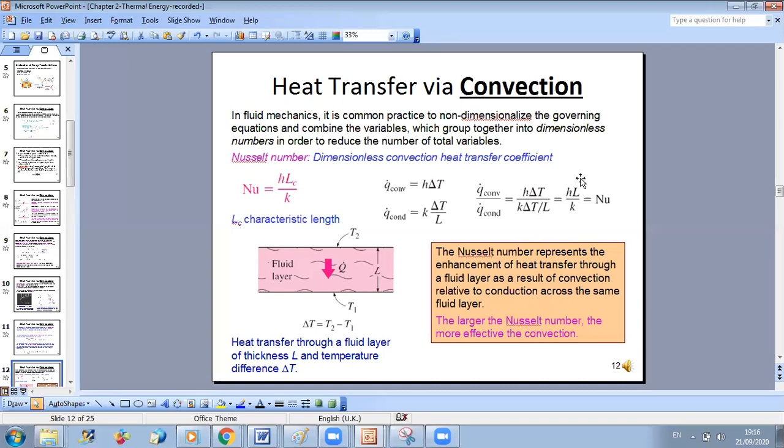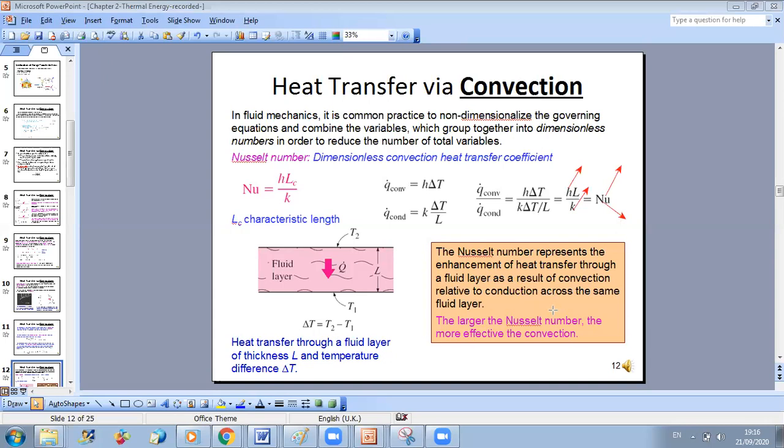This is called the Nusselt number, and it is equal to H times L over K. As predicted, the higher the convection, the higher H will be, and the higher the Nusselt. On the other hand, the higher the conduction, the lower the Nusselt number.